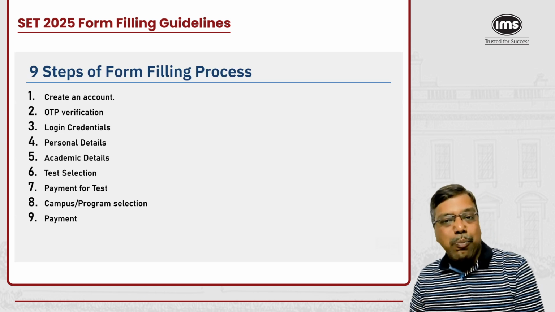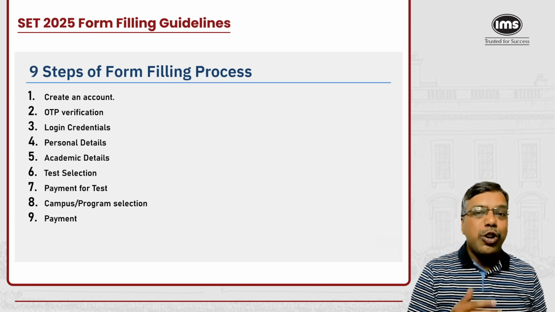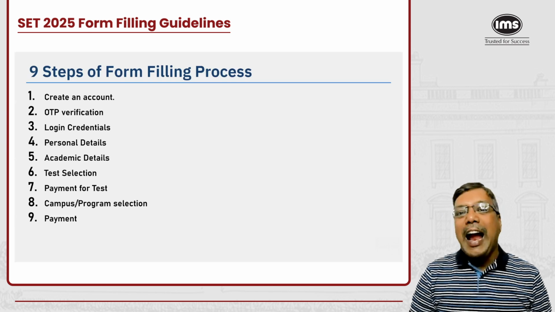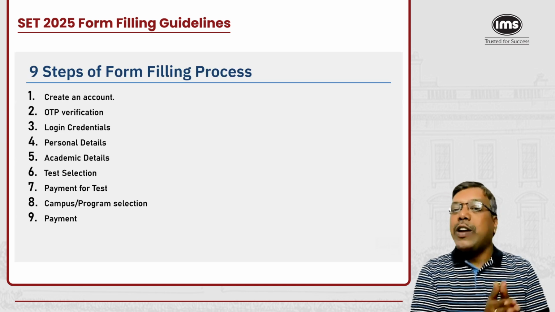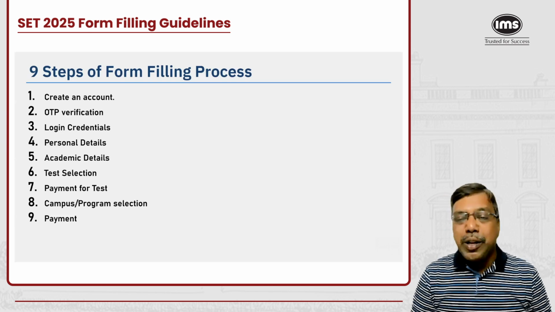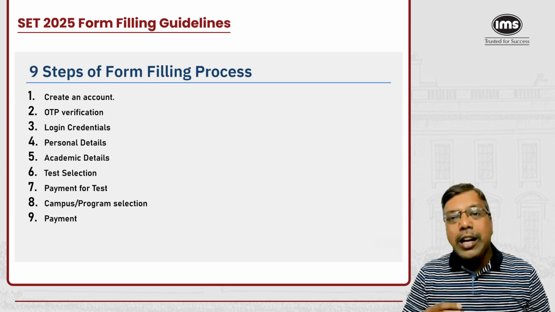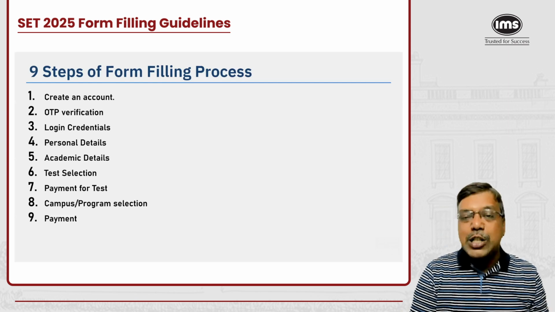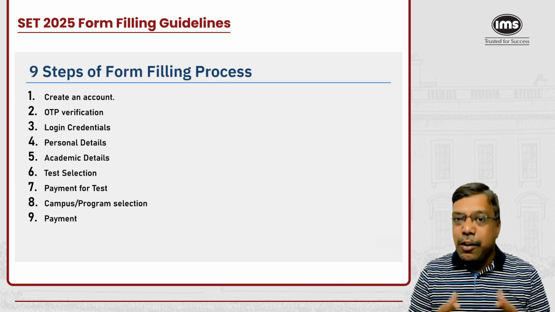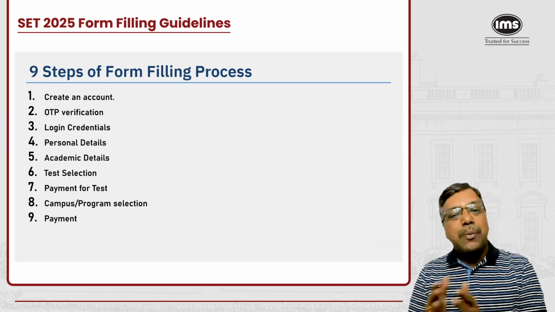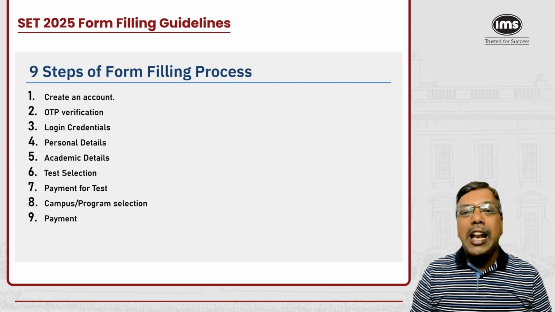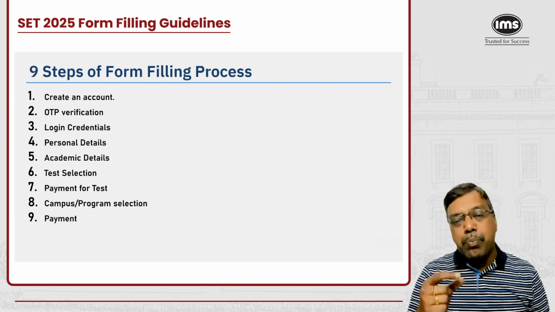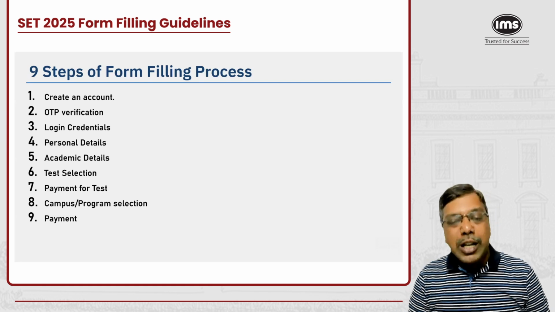Once the payment is complete, you can log into your dashboard again. And once the payment status for the test is updated, you have to upload any relevant documents according to the category reservation or domicile if you have. And subsequently, it will display a list of the program and campus choice.